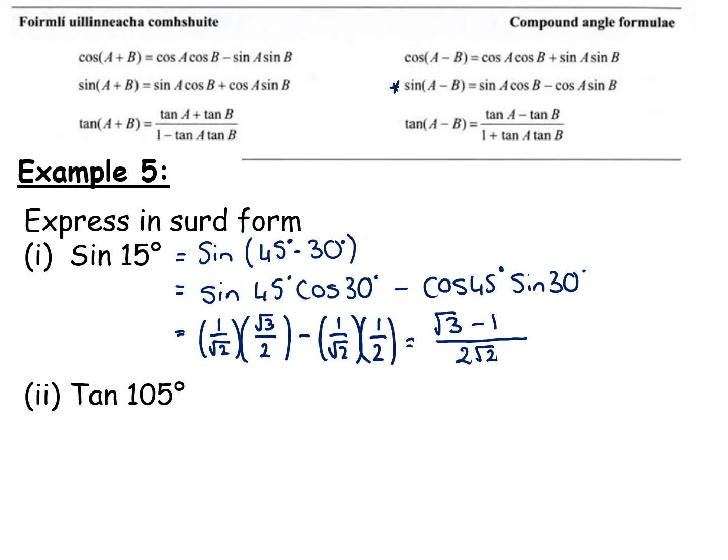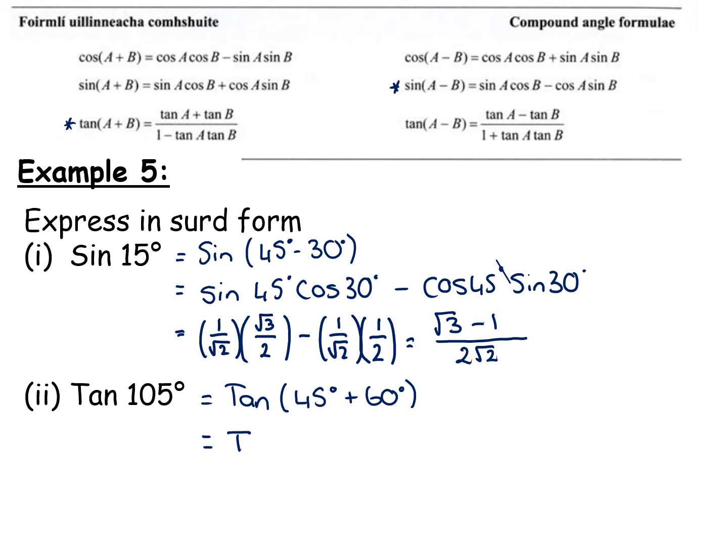So looking at our log tables, what could we add together? In this case, 45 degrees and 60. So let's go with that. So the tan of 45 degrees plus 60 or 60 plus 45. Order won't matter, you'll get exactly the same answer. And we're using this formula here.